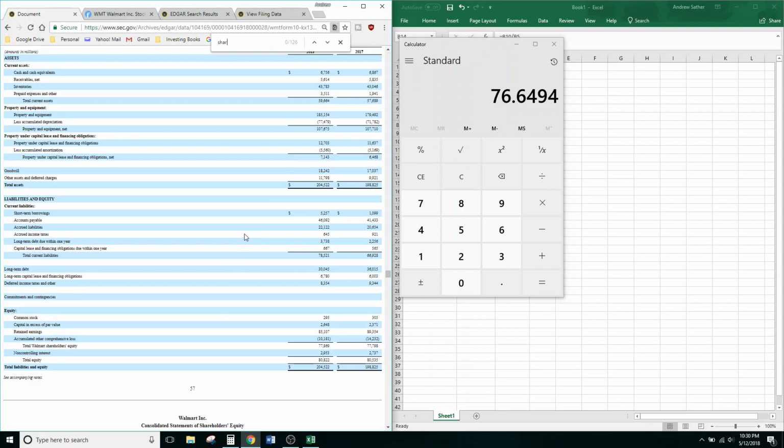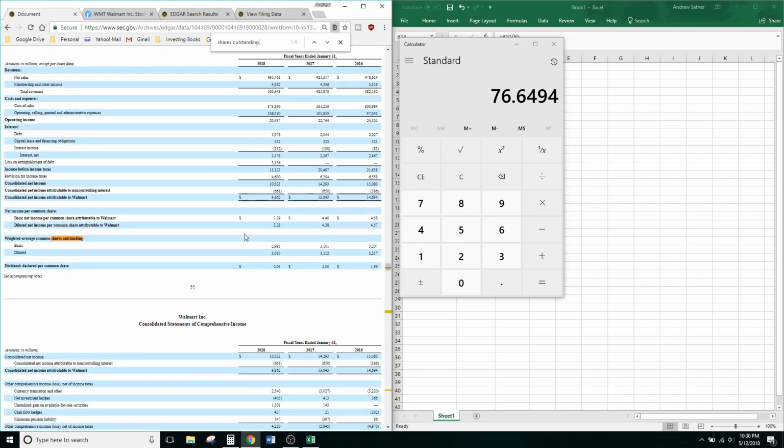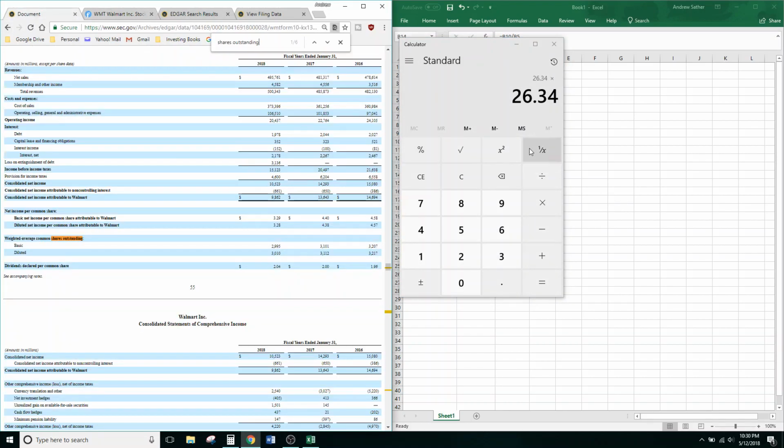So, like if we did shares, because again, that's not working. If you take their book value per share and multiply it by the shares outstanding, that'd be 3010.